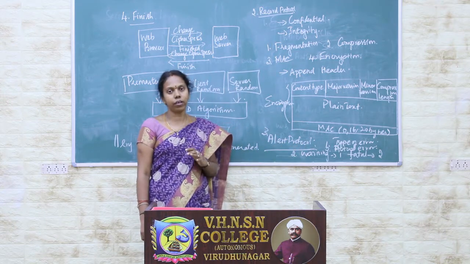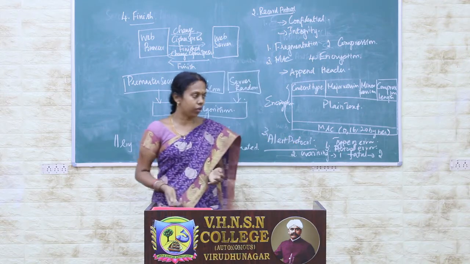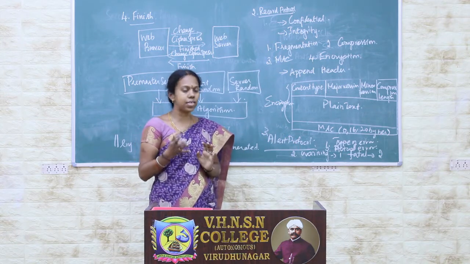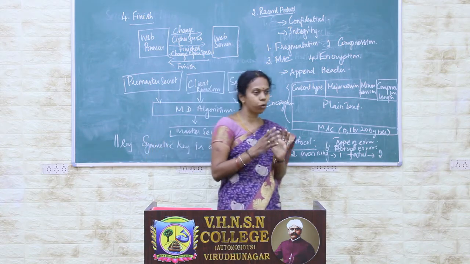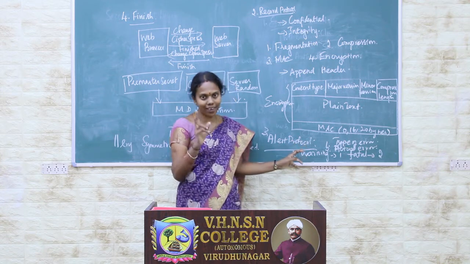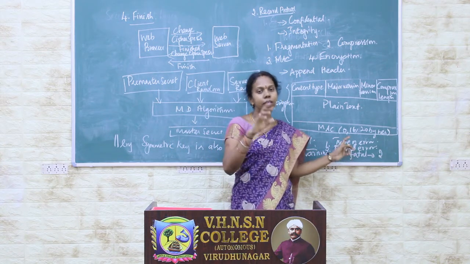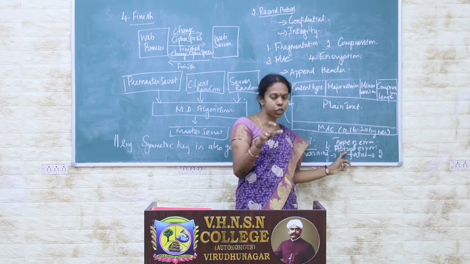When the communication is going on between the sender and the receiver, if both of them face some errors, that is, if there is a mismatch, then an error occurs. The alert protocol contains two bytes. The first byte specifies the type of the error, and the second byte specifies the actual error.